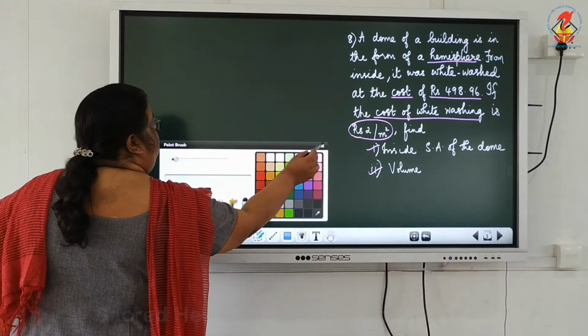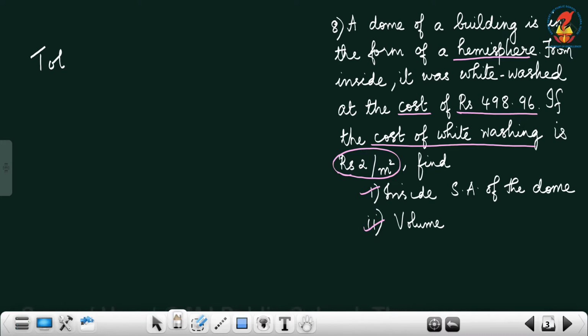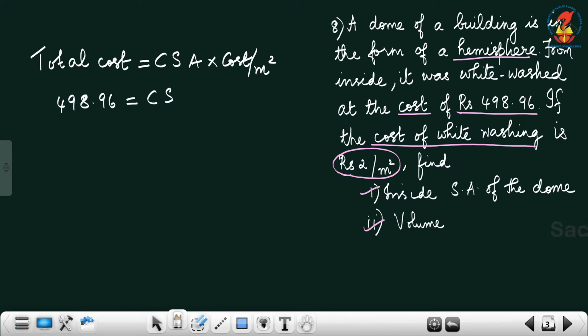Total cost of whitewashing or painting is equal to CSA into cost per meter square. Here, what is the total cost of whitewashing? 498.96 is equal to CSA. And what was cost per meter square? 2 rupees.